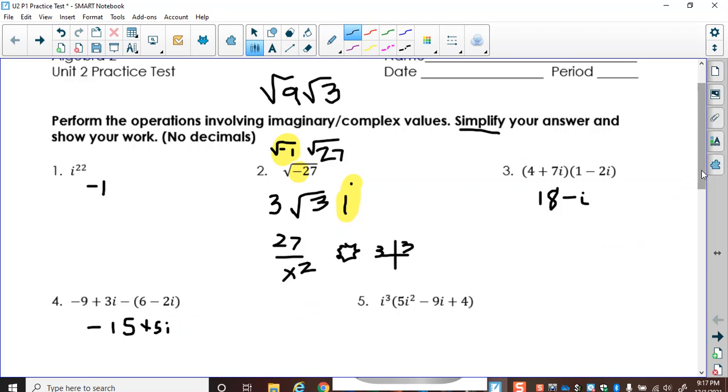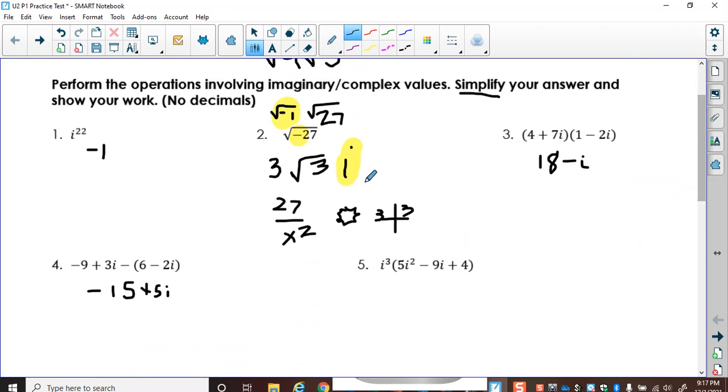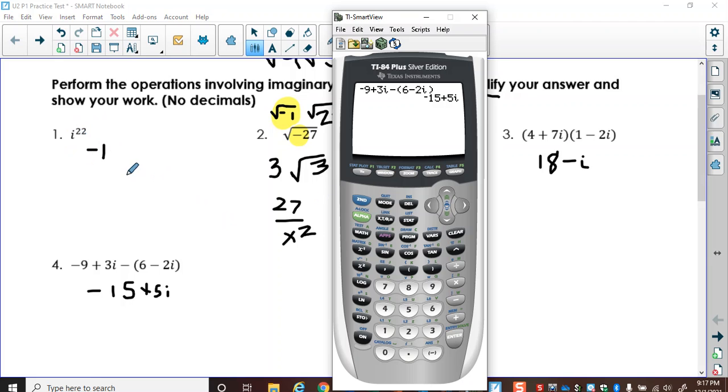All right, and then just as a reminder, if you have a high exponent, a high power, what you're going to do is the math num 3. So if I'm going to do i to the 22nd, I would do math, arrow over to the num, and then it's the i part, which is 3.